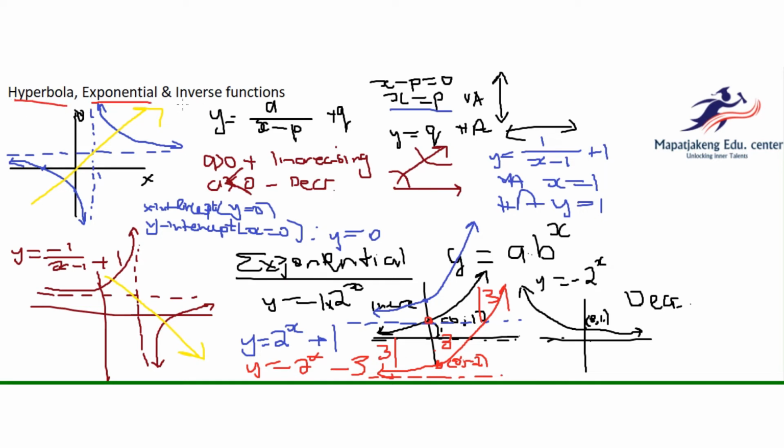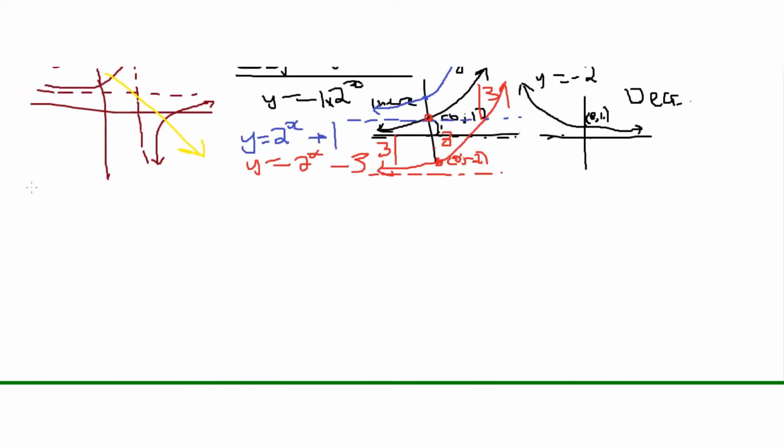Now we move over to the inverse function. The inverse function is denoted by this symbol, f to the negative 1. This shows that it's an inverse if it's written in this manner.